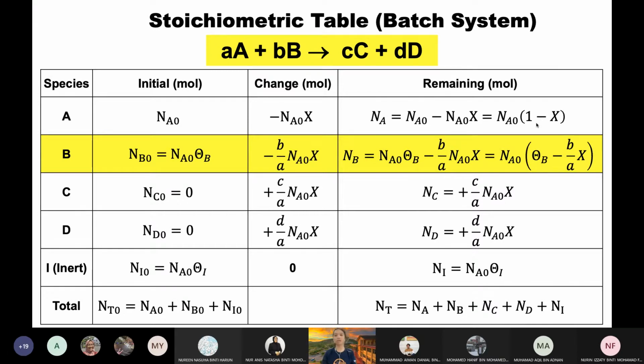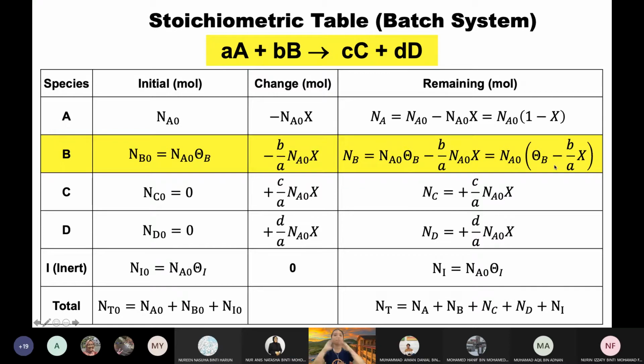Okay, so let's say we go for the second one for B. So kalau initial B and A0 theta B, remaining B and NB. So NB equals to, copy je NA0 theta B combine dengan minus B per A and A0 X. So you get your NB. So again, I will take out NA0 sebab dua-dua tu ada NA0 kan.